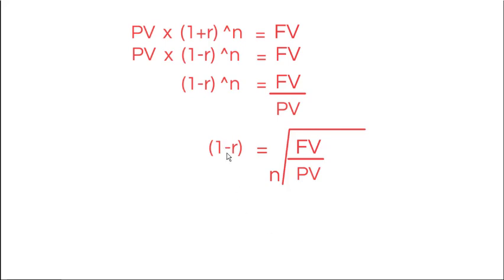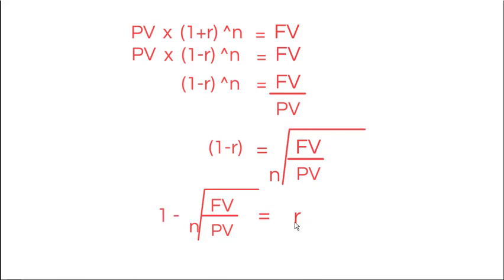Still we want to find out our r, so we can say r equal, we can bring this minus r to this side and this fraction we can send to other side, so it will be 1 minus FV divided by PV root n.